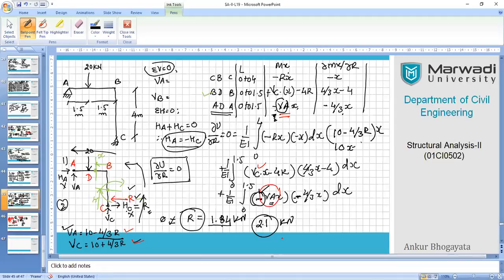When I expand it, it becomes 4 by 3 times R into X. So you just need to consider only R containing del M, del R. So your answer will be minus 4 by 3x only. Right? But there is already minus VAx. Minus VAx.